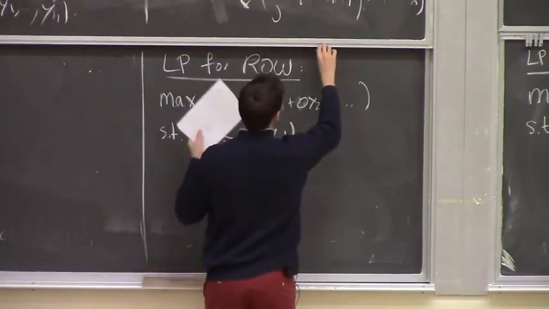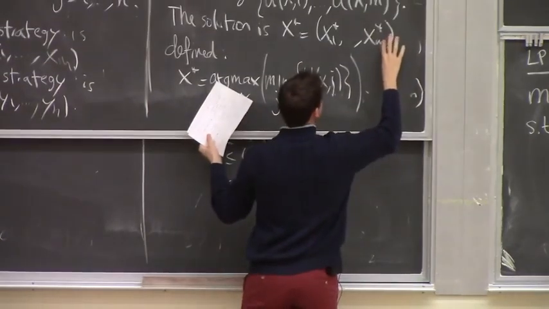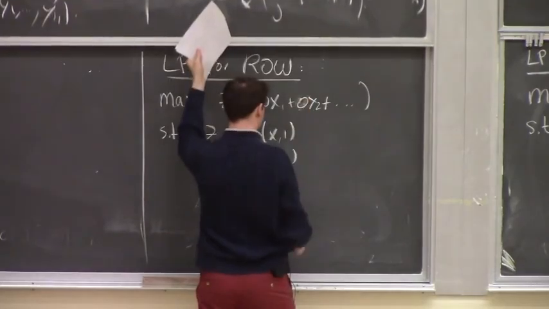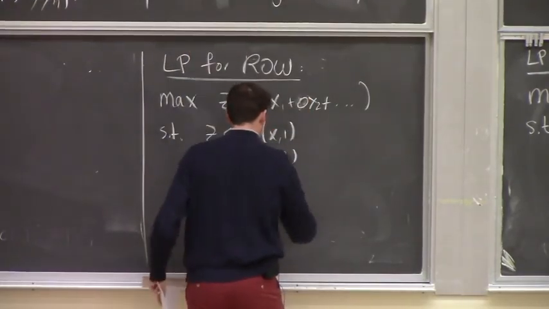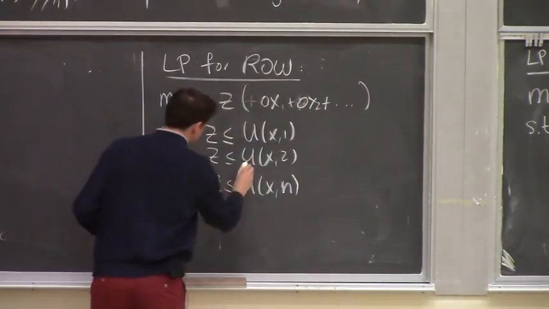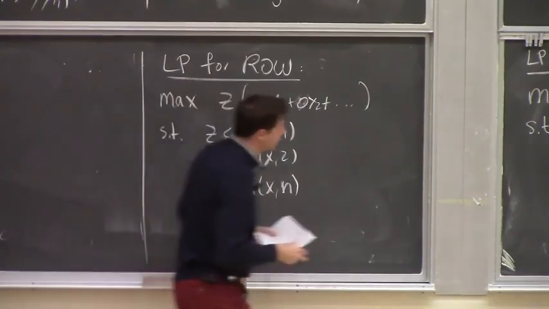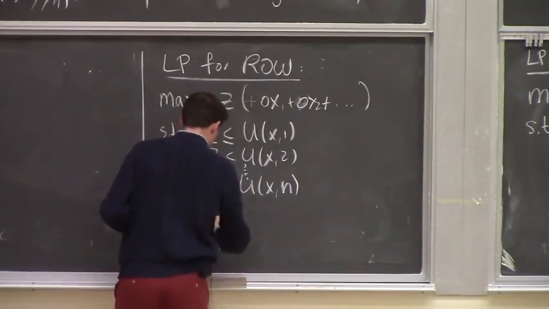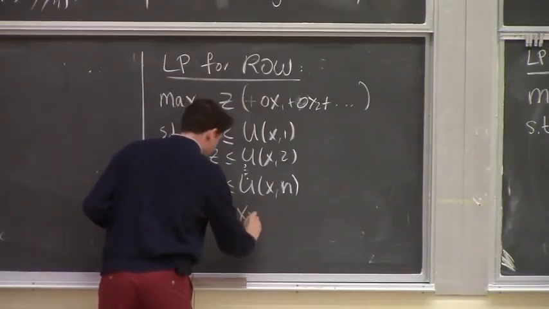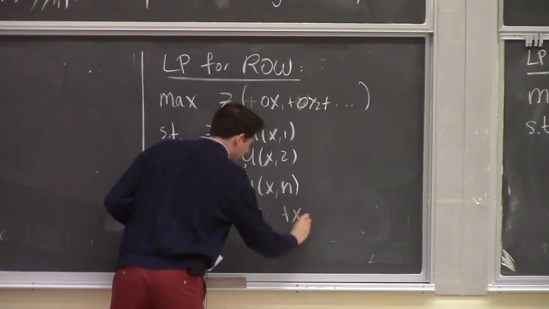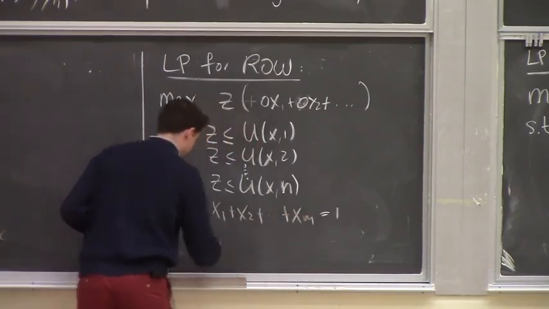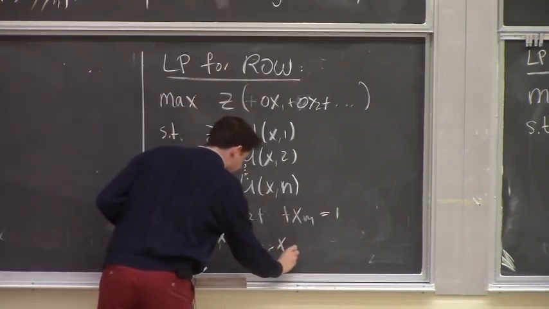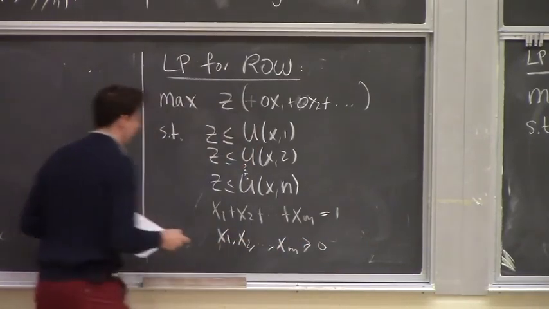I should have used n here. So these n constraints are analogous to those. And then we also need to make sure that the sum of x1, x2 up to xm equals 1, and that x1, x2 up to xm are non-negative.